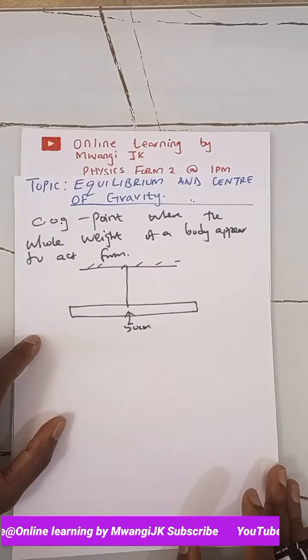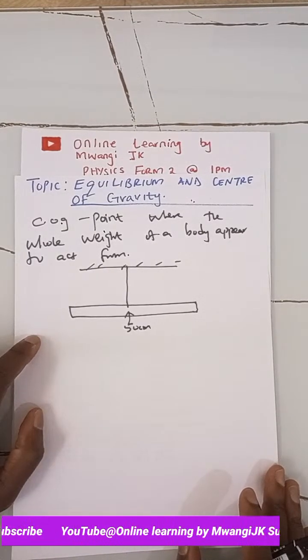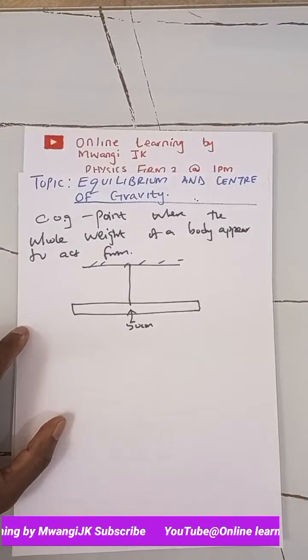The center of gravity of that meter rule. And actually we can use our hand and try to balance the meter rule, and the meter rule will not fall off on either side.